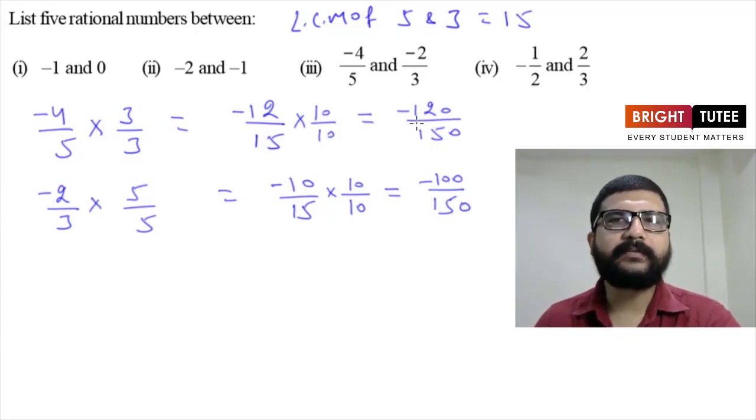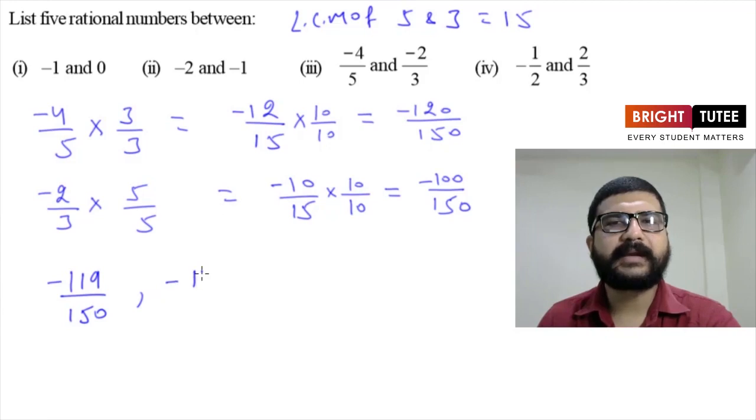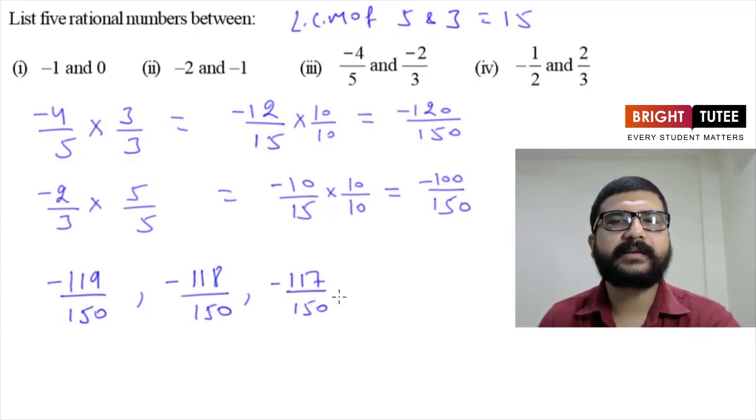So now we have to give rational numbers between minus 120 upon 150 and minus 100 upon 150, and they will be minus 119 upon 150, minus 118 upon 150, minus 117 upon 150, minus 116 upon 150, and then minus 115 upon 150.